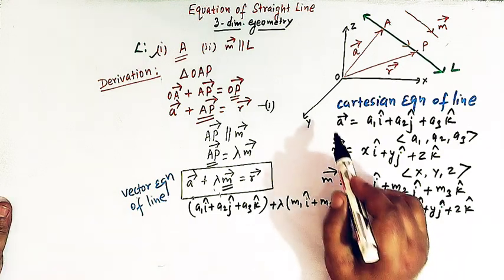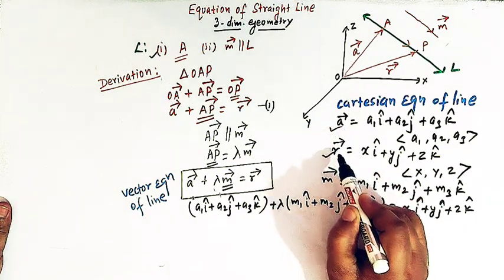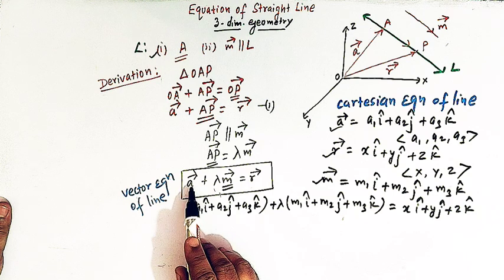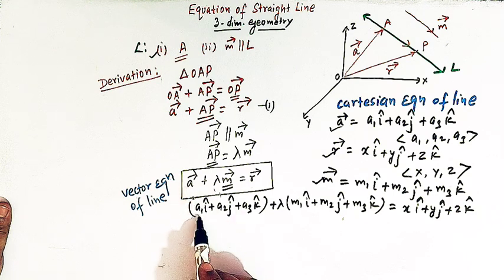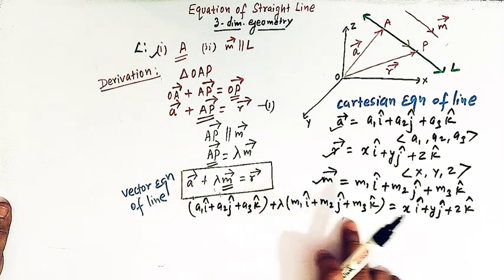Now substituting the values of vector A, vector R and vector M in this equation, we have this equation.